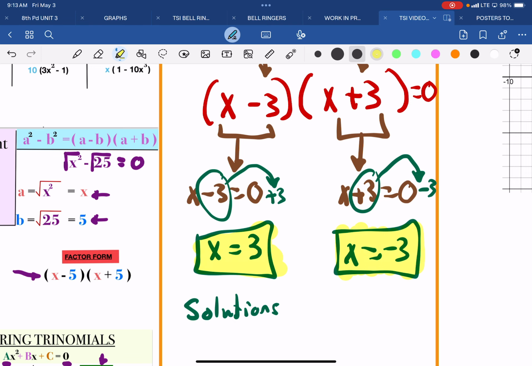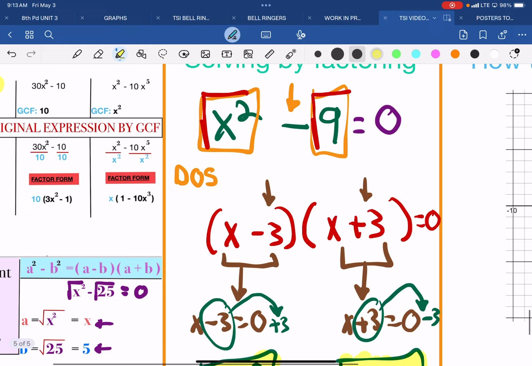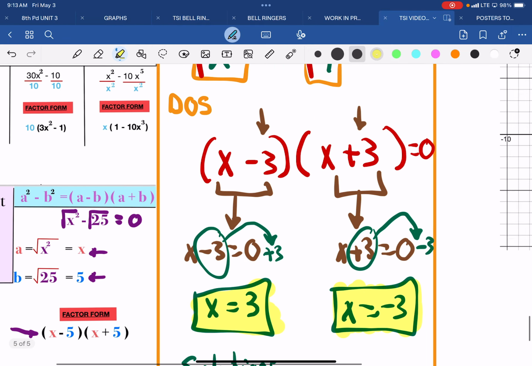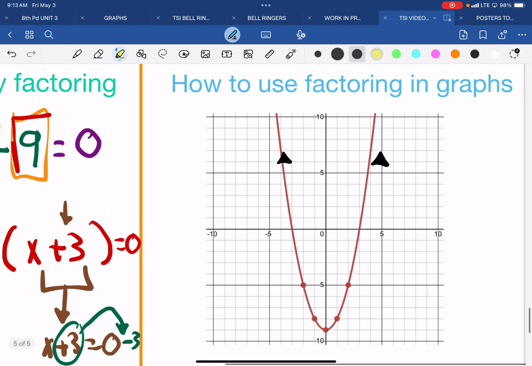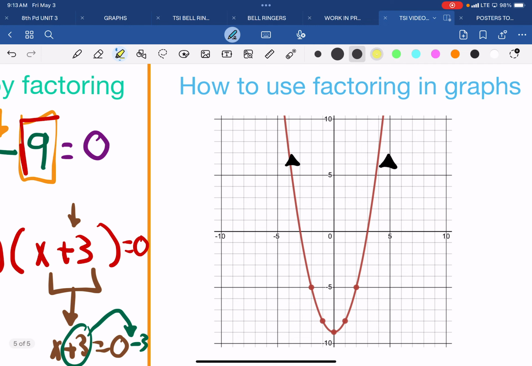Now, what I'm going to teach you, which I have not taught you yet, is how can I use factoring when they give me a graph? Let me start by bringing all the information that you should know by now.